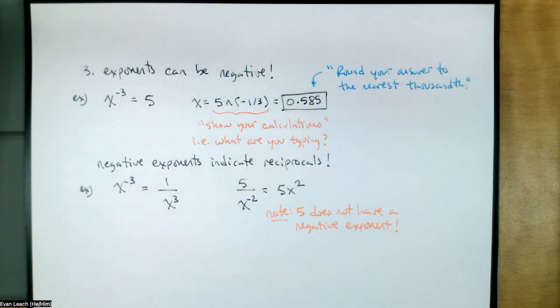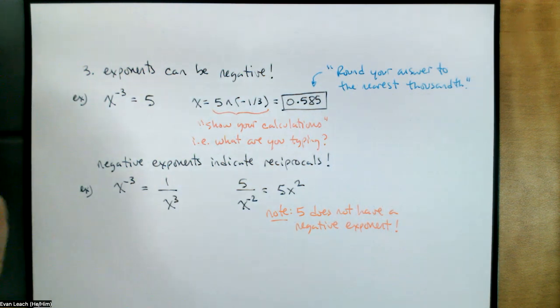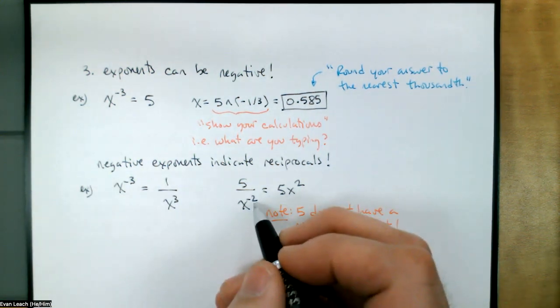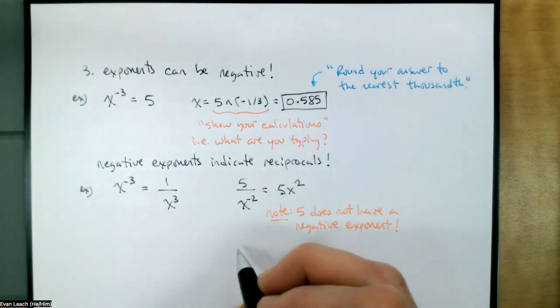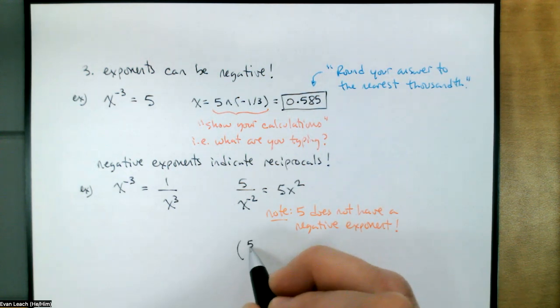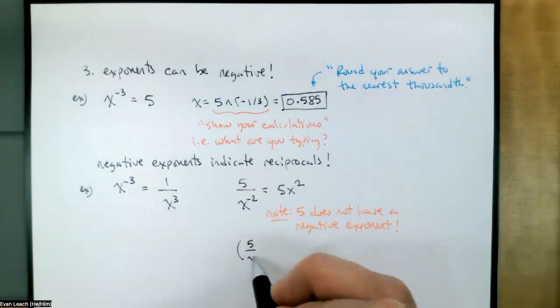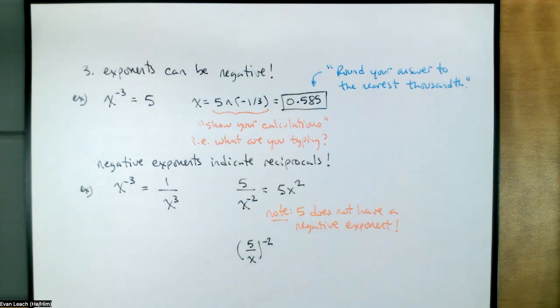If I want the 5 to have a negative exponent, so I flip the whole thing over, then I've got to make the negative 2 apply to both top and bottom. I need parentheses.